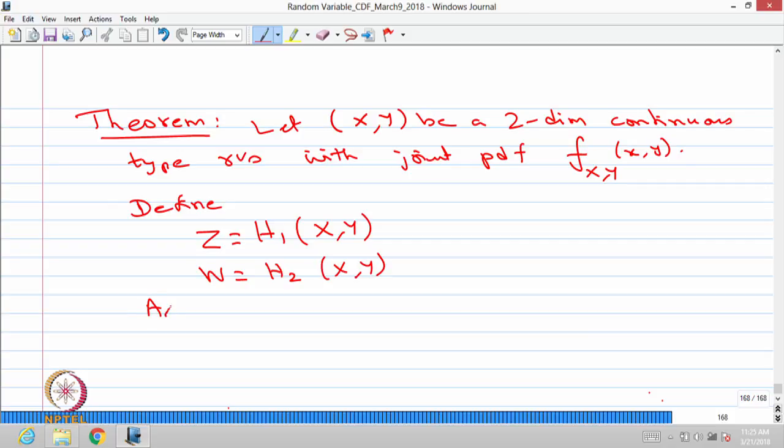I am going to make a few assumptions so that I can get the joint probability density function of Z and W directly with the help of the joint probability density function of (X, Y).